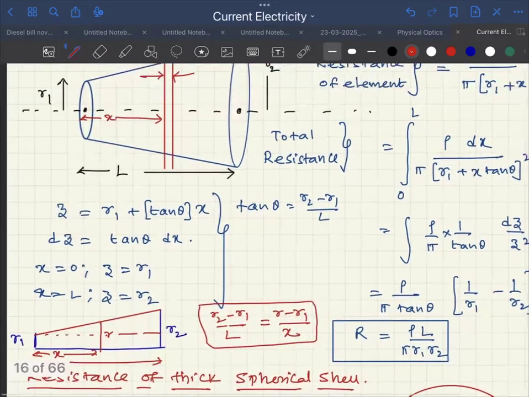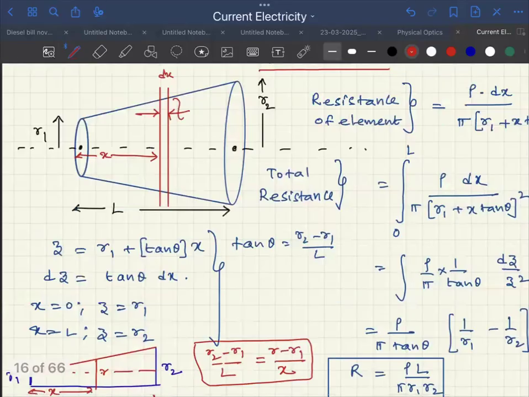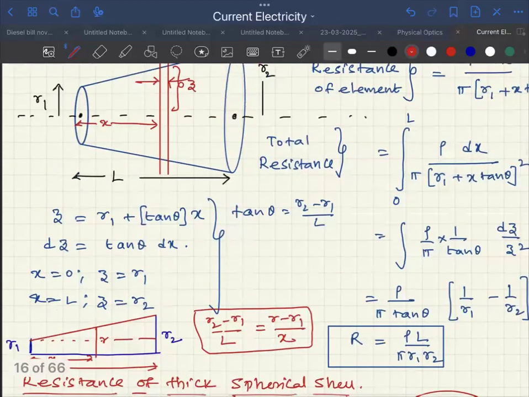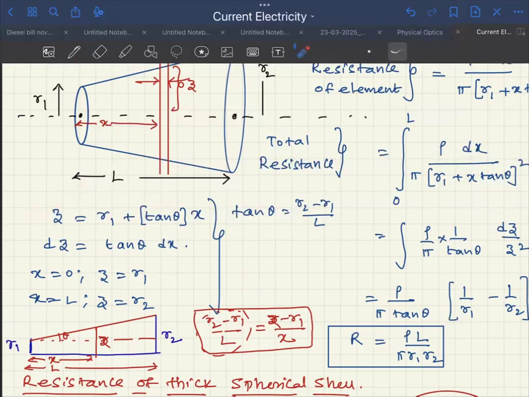For my convenience, I am taking the radius here as z, which you call R. So z minus R1 by x is tan theta. So z is R1 plus tan theta x. Now let us find dz. What is dz? Tan theta dx.